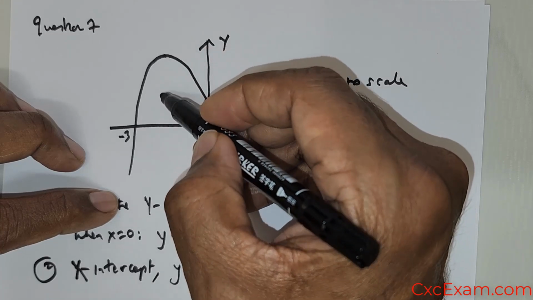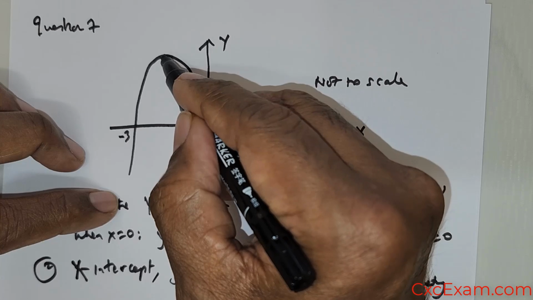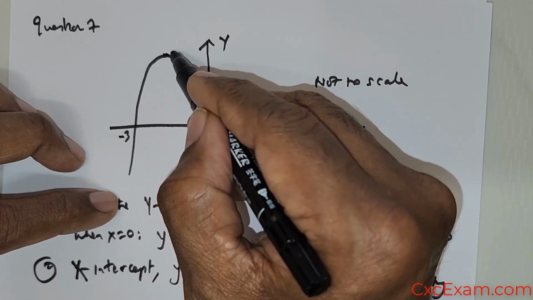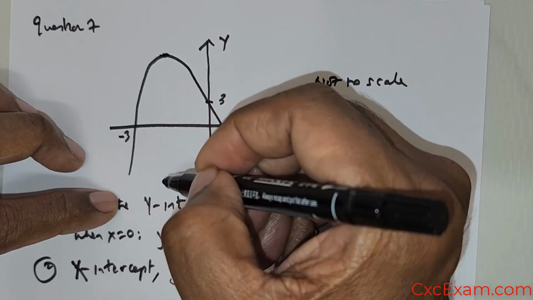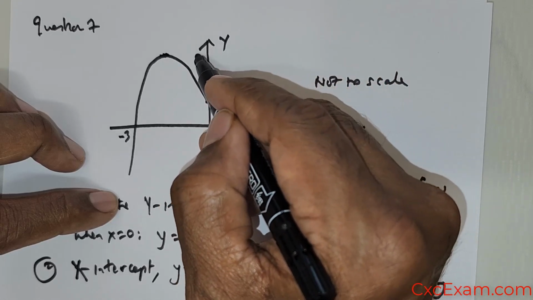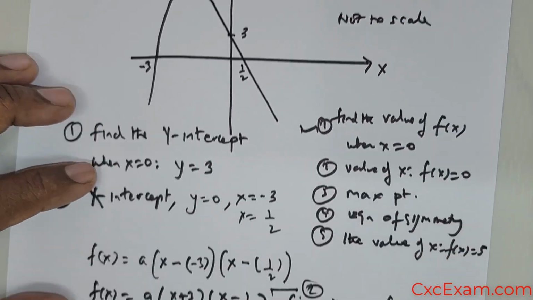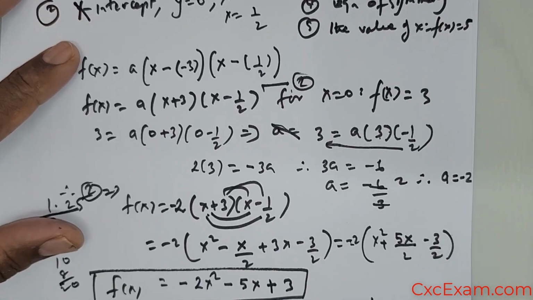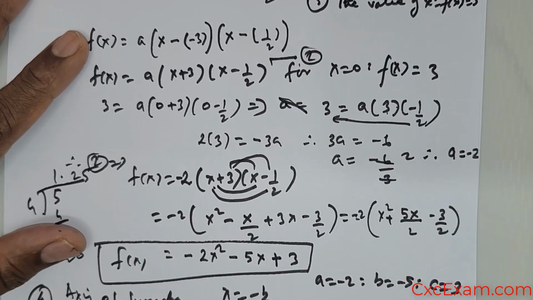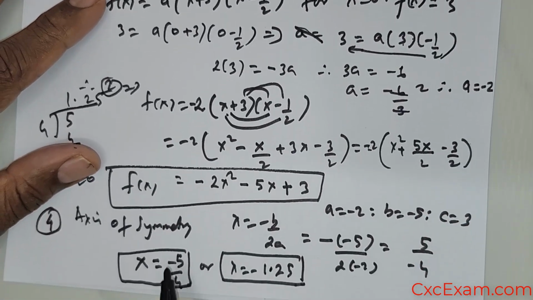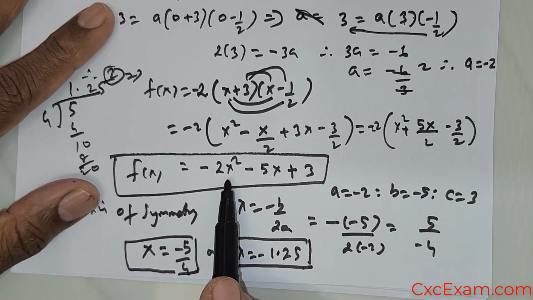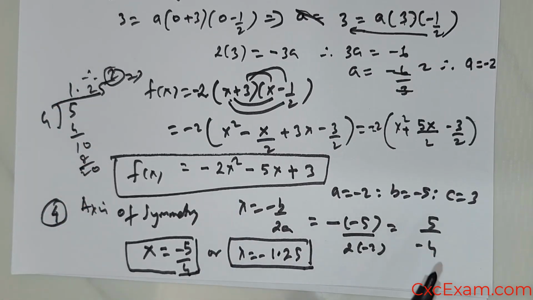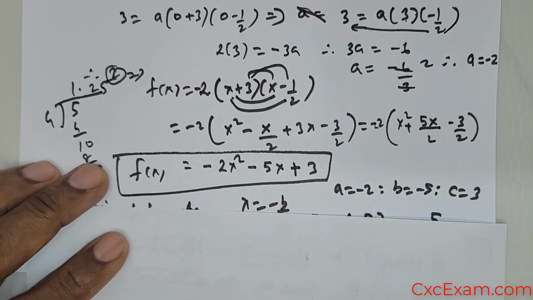Now the axis of symmetry would be going up like this, but we will have to locate this maximum point. Once I get the maximum point, then I will draw the line. So I need to know what this point is. For that, you have to substitute x is equal to negative 1.25 or negative 5 over 4 into the system. So let me show how it is done.